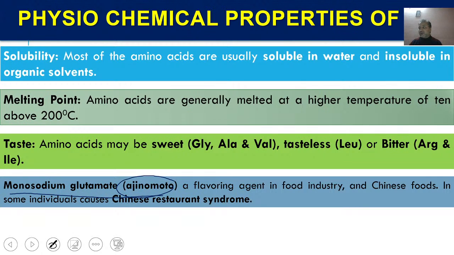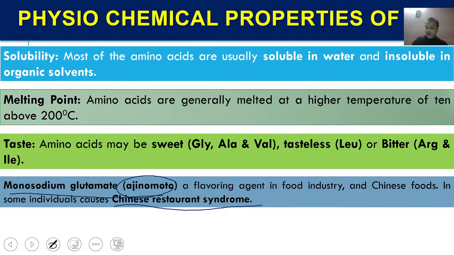But if you use too much monosodium glutamate, it can cause a disease called Chinese restaurant syndrome. In that case our taste buds become non-functional and ineffective. That is Chinese restaurant syndrome, caused by the higher use of monosodium glutamate.